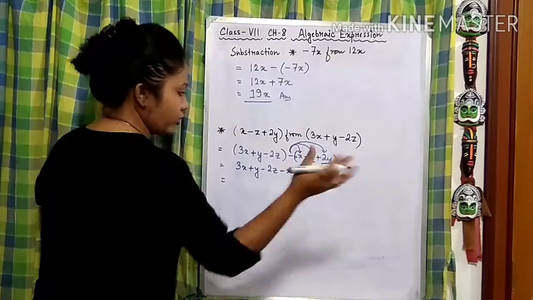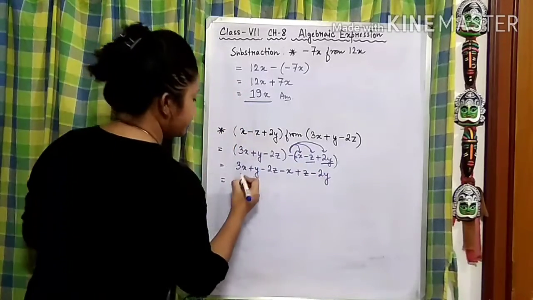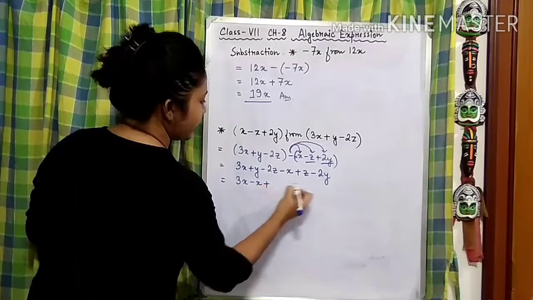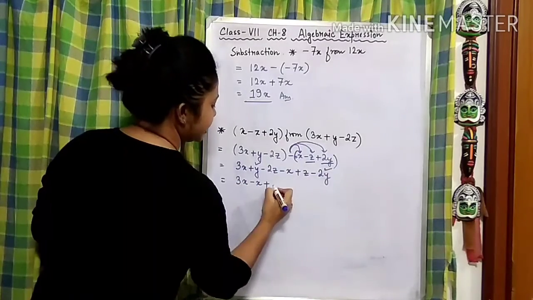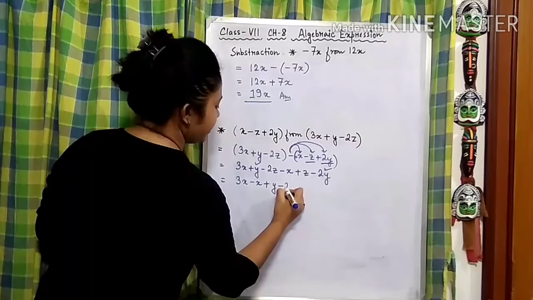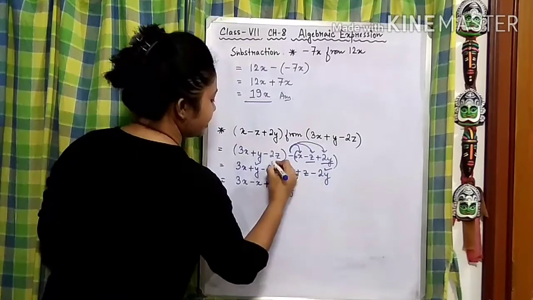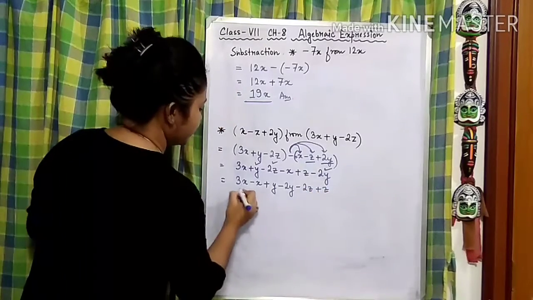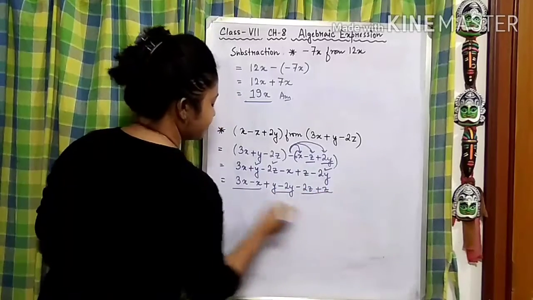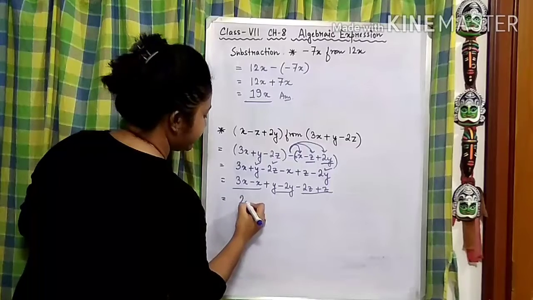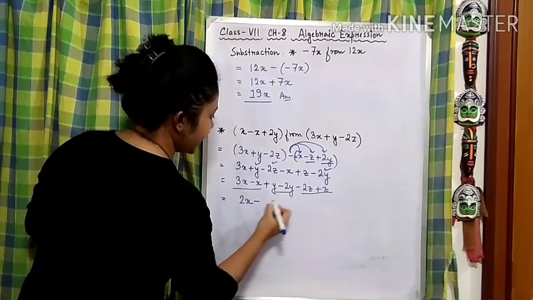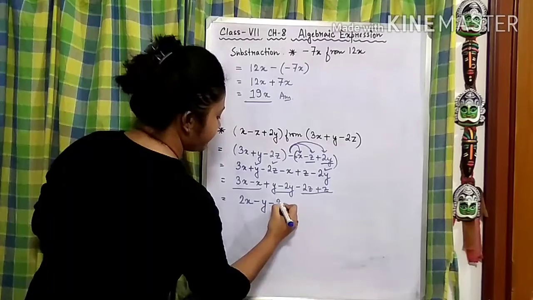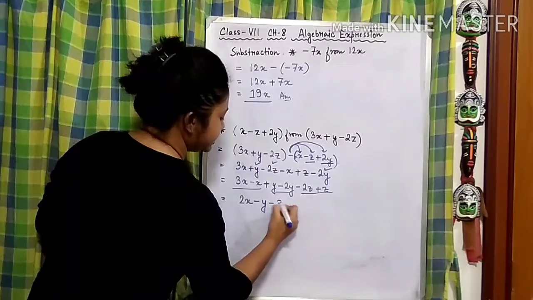Now we take all the like terms together: 3x minus x, plus y minus 2y, and minus 2z plus z. So what do we get? 2x minus y minus z.